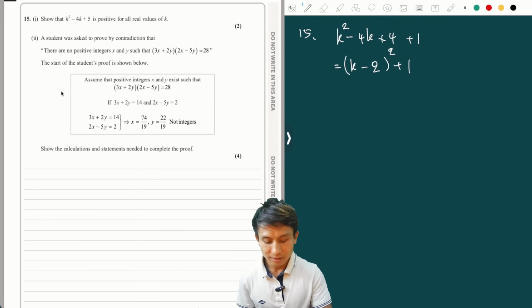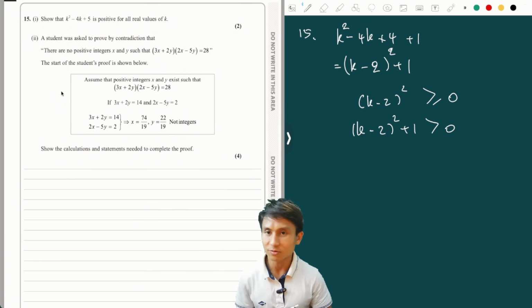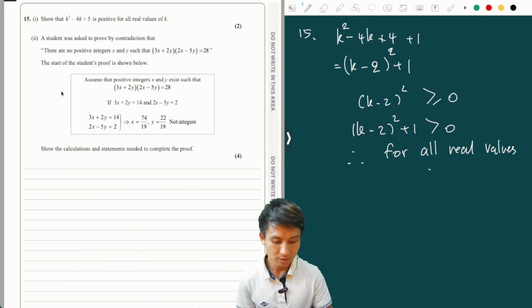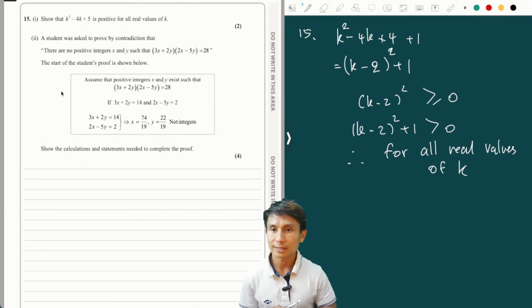And since (k minus 2) squared is greater than or equal to 0, so (k minus 2) squared plus 1 is greater than 0. And therefore, this is true for all real values of k. Yep.